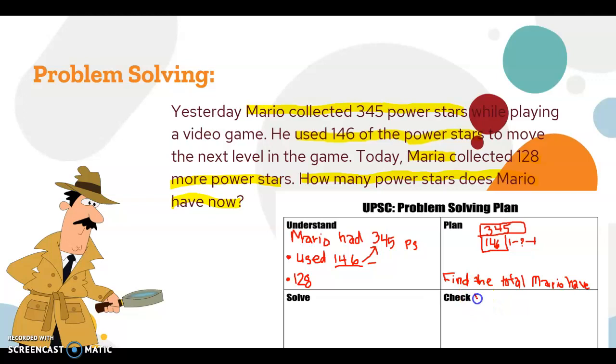Okay, so I am going to first solve for the first part of my problem because I need to know when he used 146 of his power stars, how many did he have then? Okay, so I need to subtract to find that unknown part, that missing part.